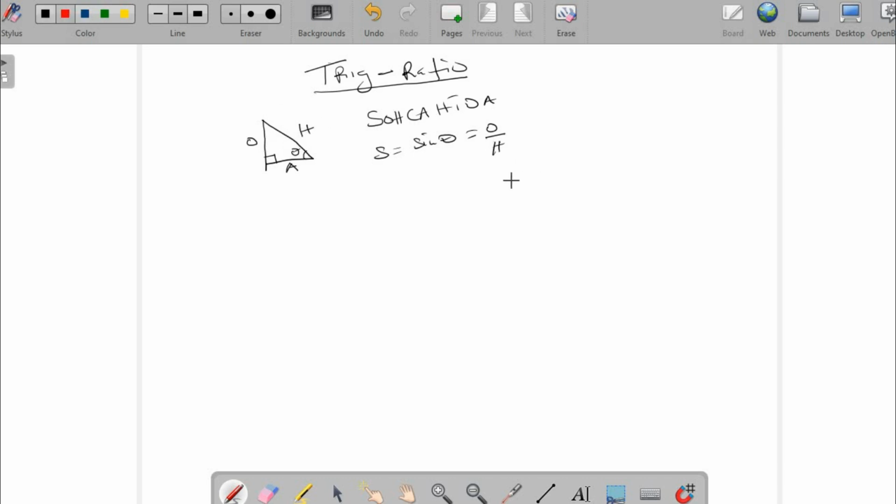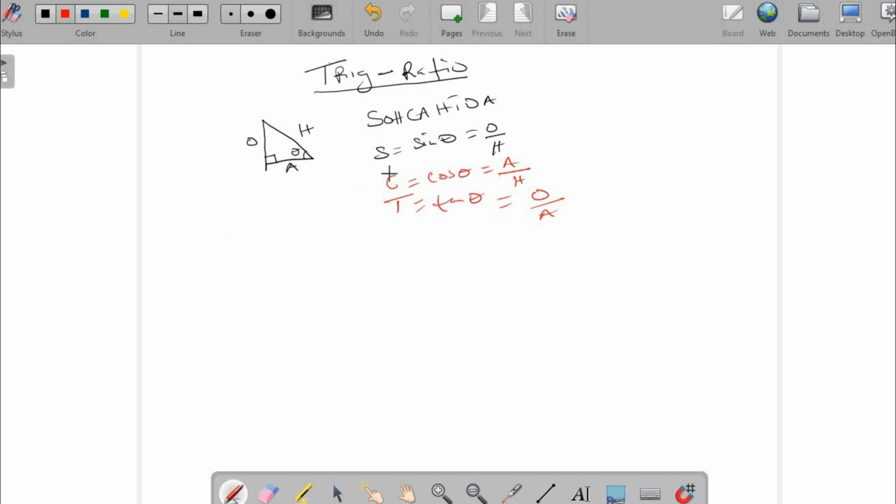If you also look at cos, C means cos theta, which is adjacent over hypotenuse. Then T is tan. Tan theta is opposite over adjacent. The O stands for opposite, A stands for adjacent.